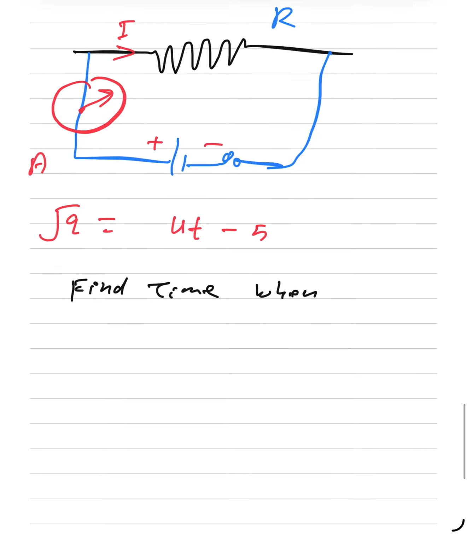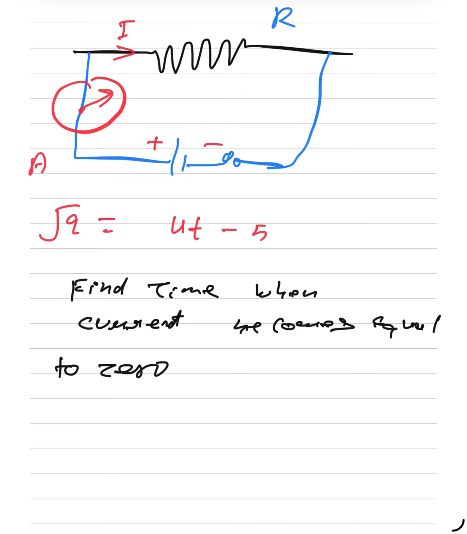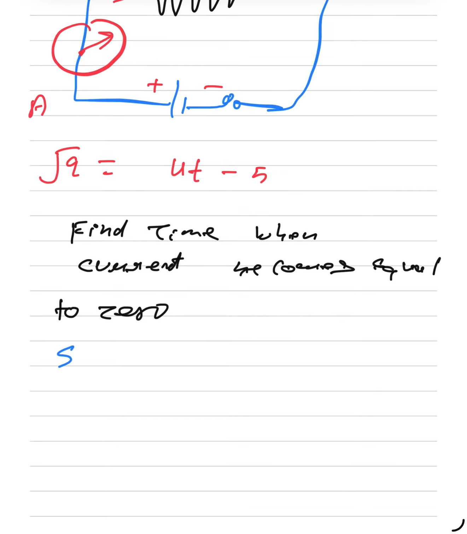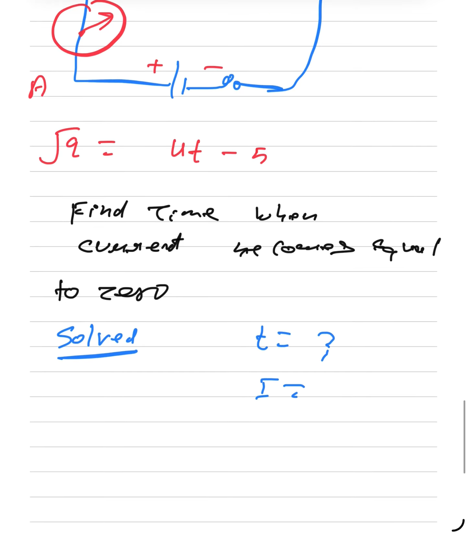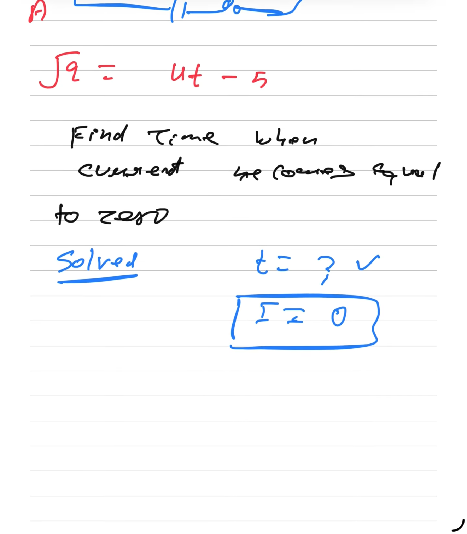when current becomes equal to 0, right. Suppose that after time t, the current in the circuit becomes equal to 0, and we calculate the value of time, okay, right.